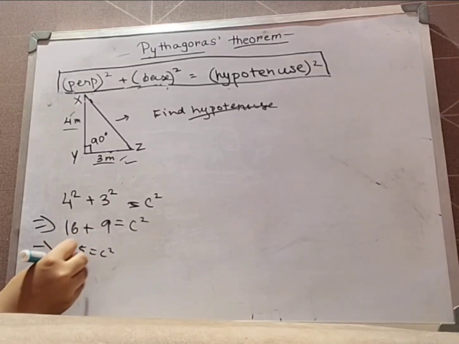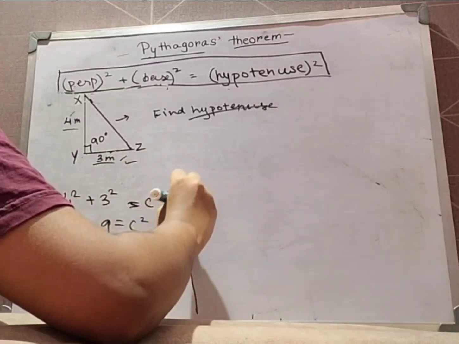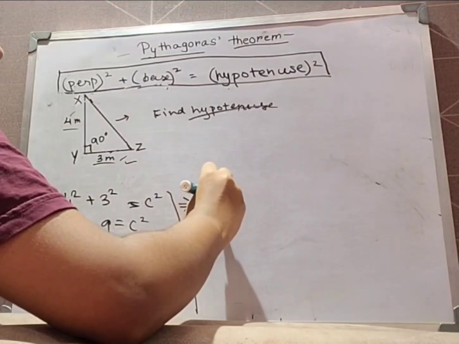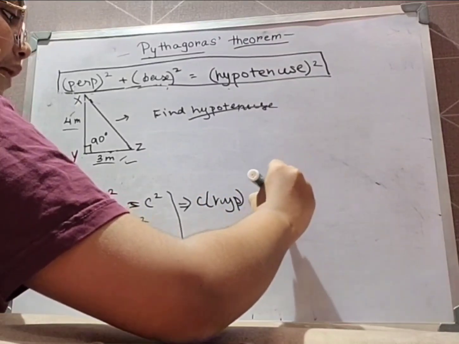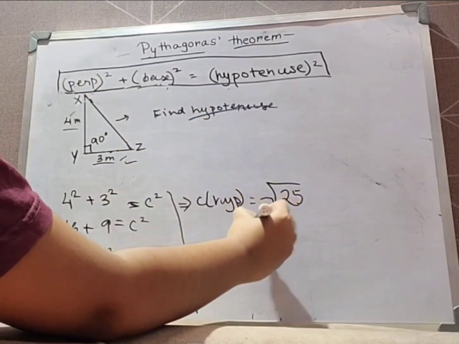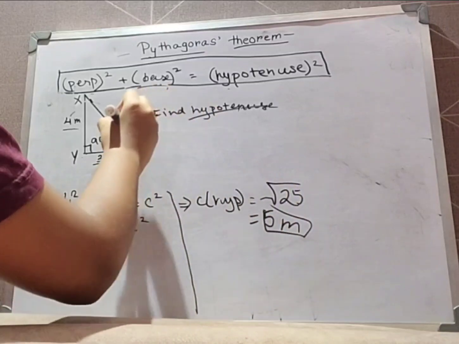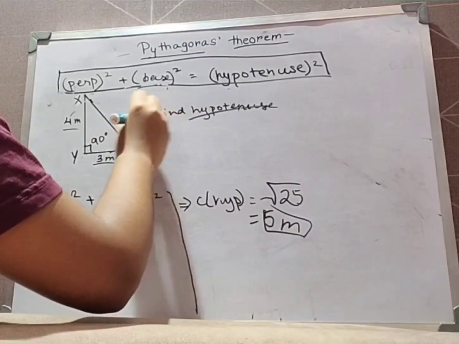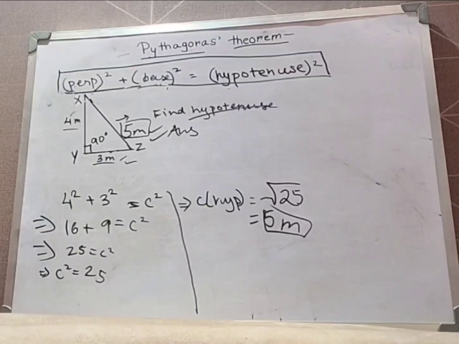If c square is equal to 25, that means c, our hypotenuse, is root over 25. We know the root of 25 is 5. So the hypotenuse is 5 meter. That's our answer. So this is how simple sums will come.